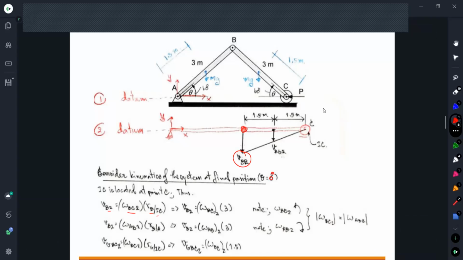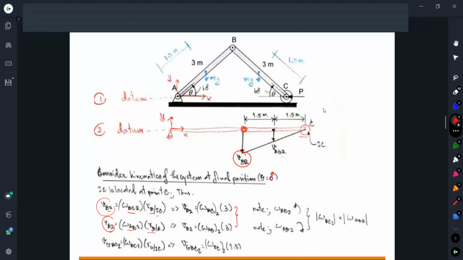That is VB2, at the same point. If we consider the member AB, that is rotation about a fixed axis, where the fixed axis is at point A, then omega AB2 times RB sub A should be equal to VB2 also. According to this equation, we know that it is the same point, both are VB2.